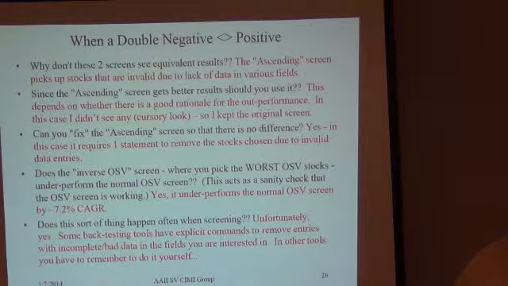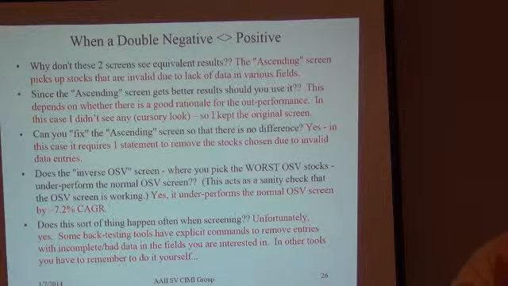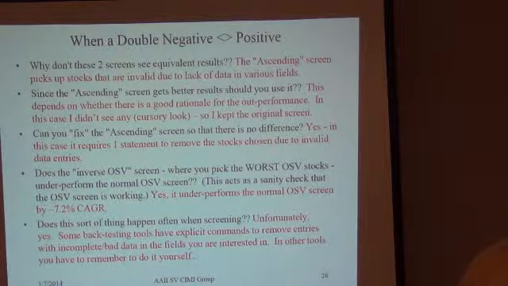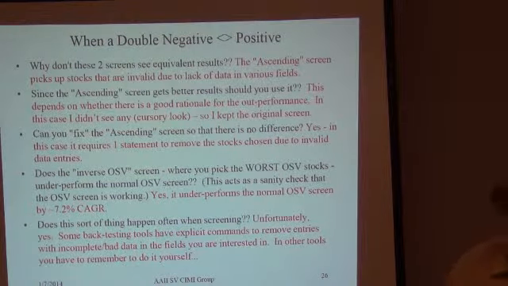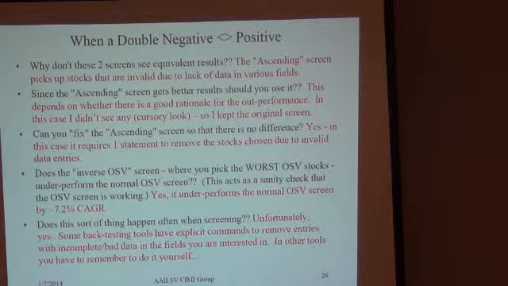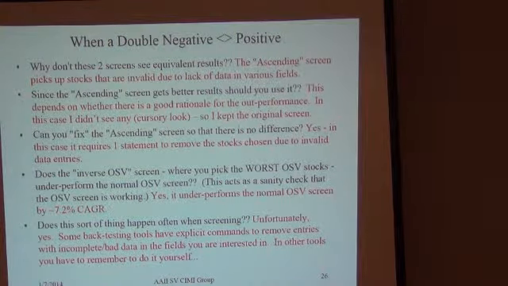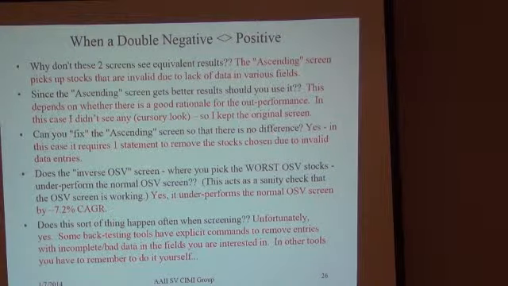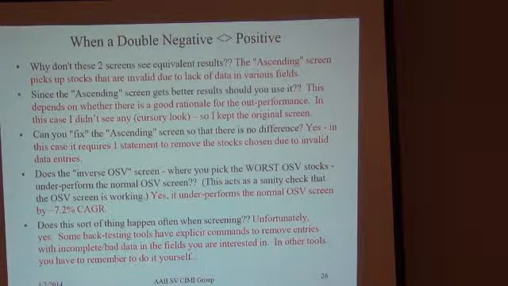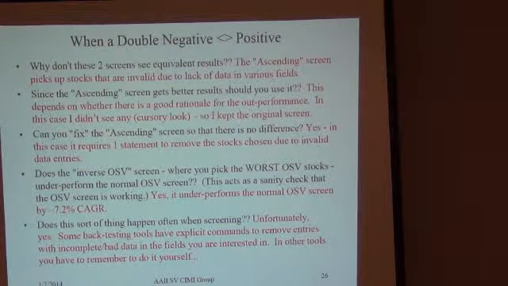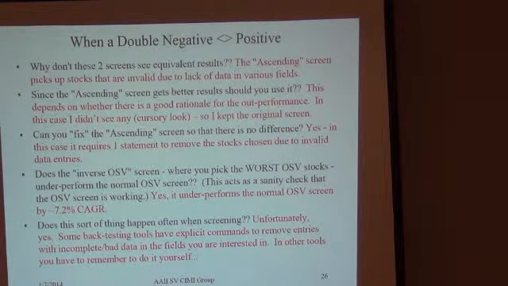Lots of other screeners, for example, Portfolio 123, don't do that directly. You essentially have to make sure that all the fields you're dealing with are valid. You can put in something like greater than 0 and less than 1. You just have to remember, for the various fields you're dealing with, what value makes sense.